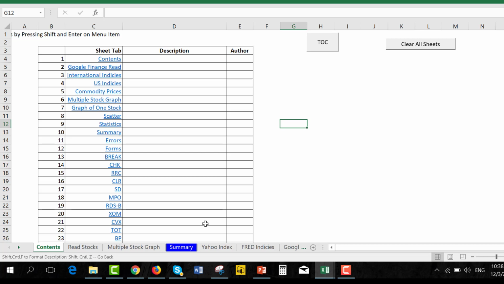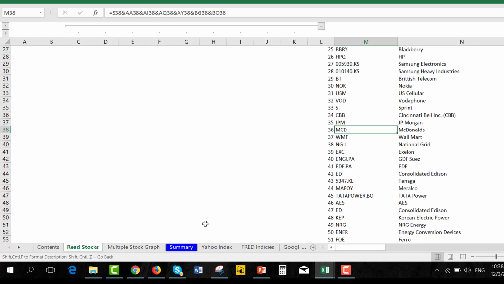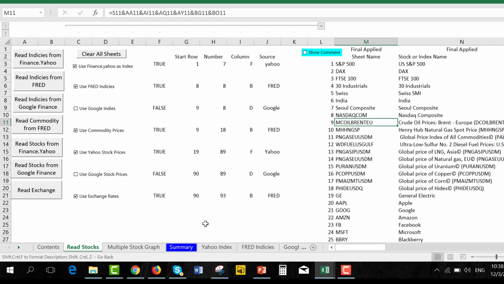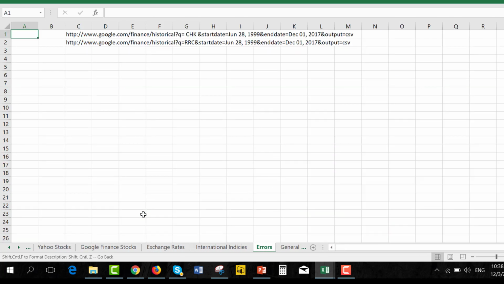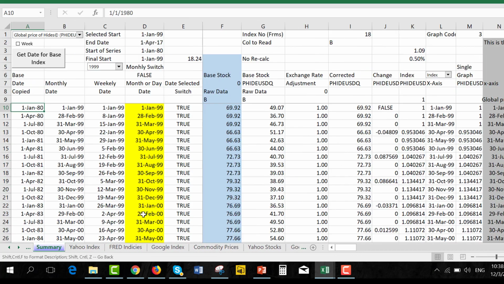I want to get all my own stuff. Okay, so you go through here, and you can clear all the sheets, okay? And then now what happens is this is completely empty. There's nothing in here anymore. It still shows the graphs because we don't have any recalculate, but all those sheets are all gone.